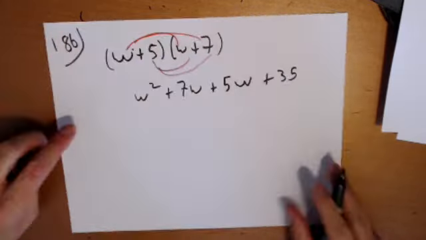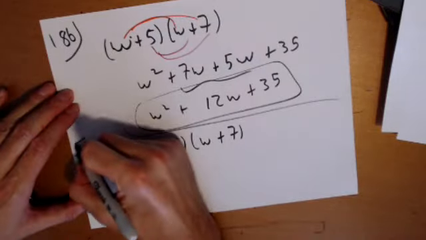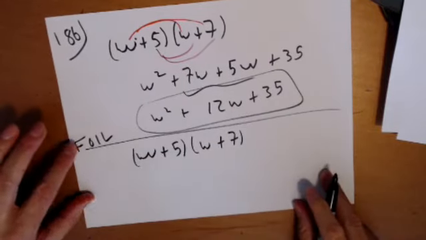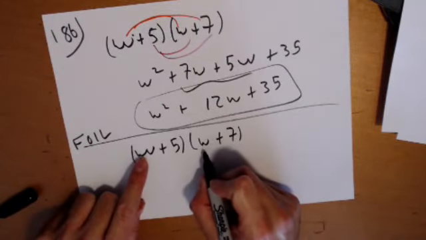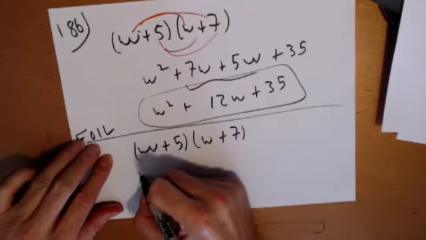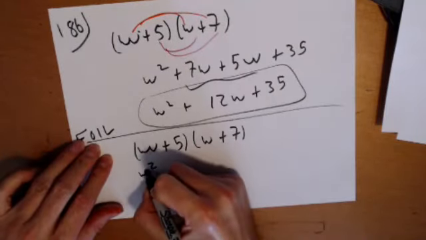Now, the book, every book always does this. Rather than just distribute, they think it's something special whenever you have a binomial times a binomial, and they introduce this idea of FOIL: firsts, outsides, insides, lasts. It's fine. So we do the firsts: w times w is w squared. Outsides, see the outsides? The w and 7.